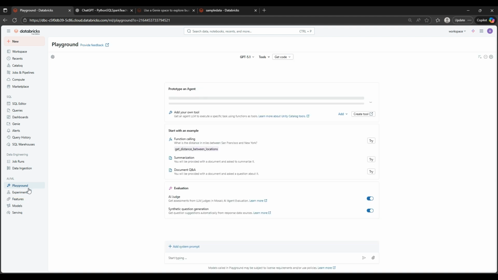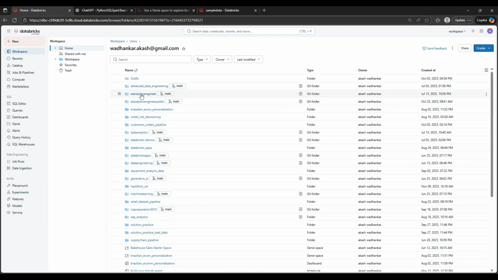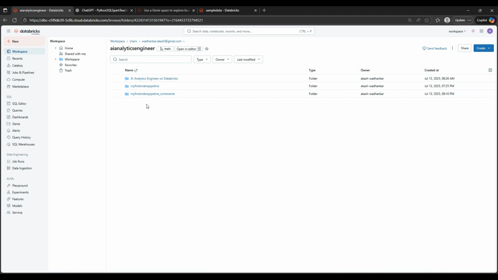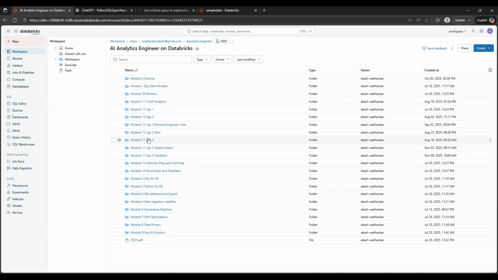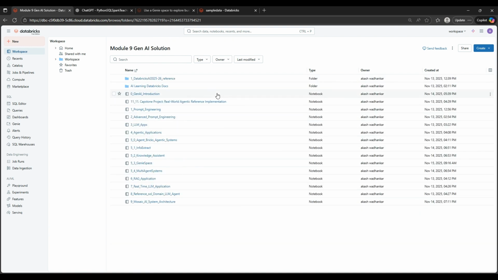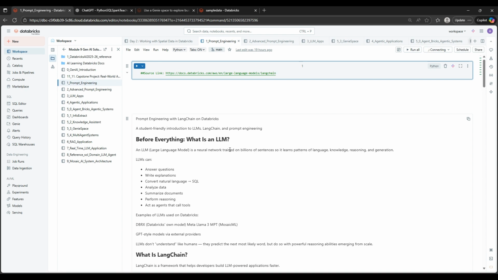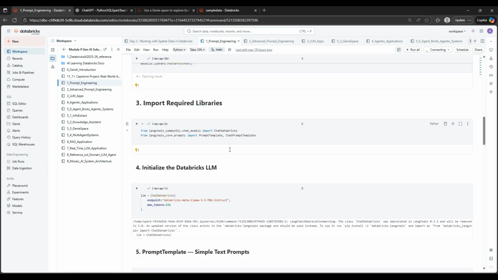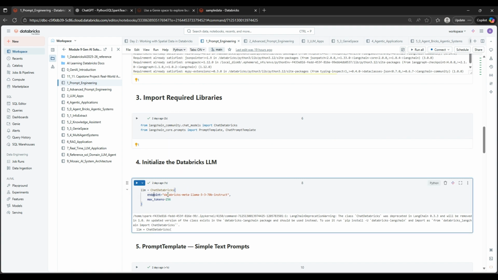And then you can simply create notebooks. Let's go here. I have created some notebooks, maybe I can show that to you. So, LLM prompt engineering, I was just trying a few things out. You can very easily create a notebook like this, and within that notebook you can very easily experiment.